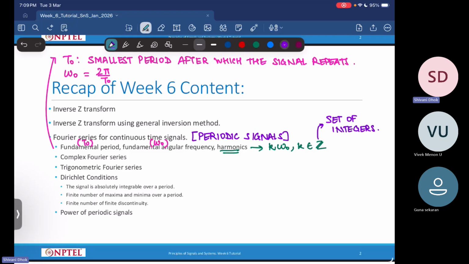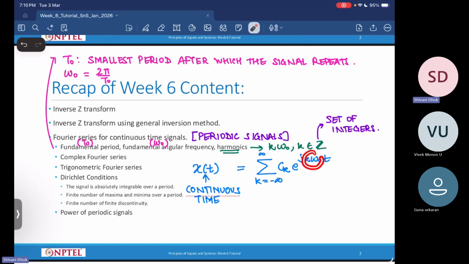Then what does the Fourier series representation say? It says that any continuous time periodic signal x of t can be represented as a summation from minus infinity to infinity, a linear combination, of ck into e power j k omega naught t.